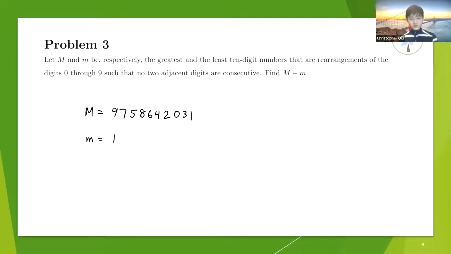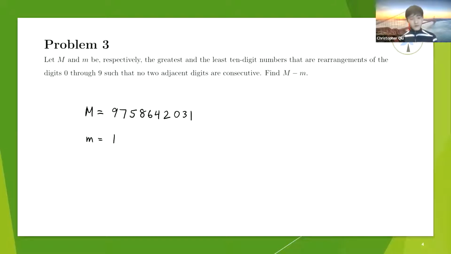So instead, let's start with the digit 1. And since this time we want to find the minimum possible 10-digit number that satisfies these two conditions, the next digit we want to minimize as well.